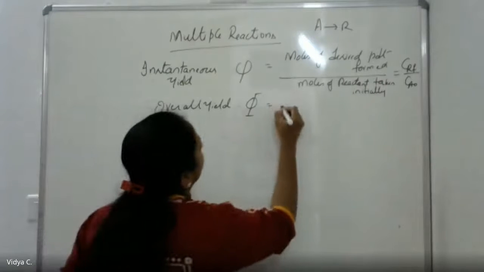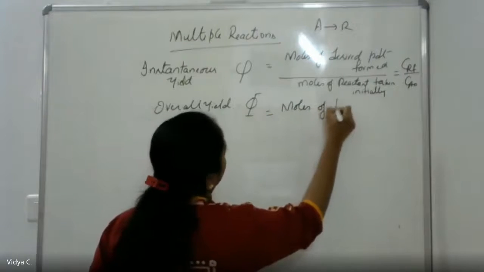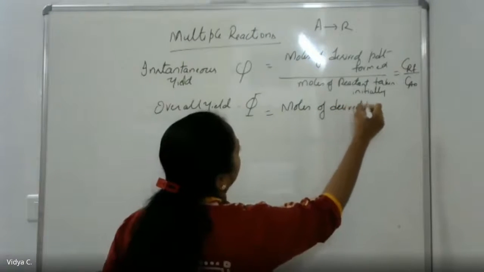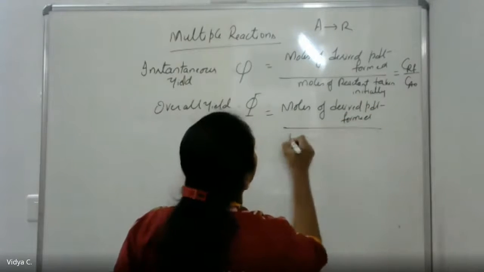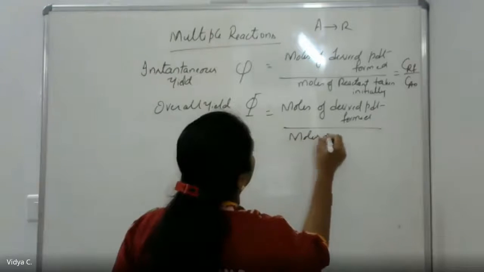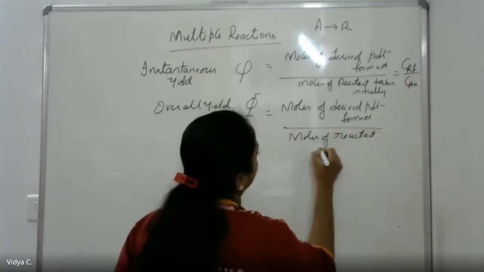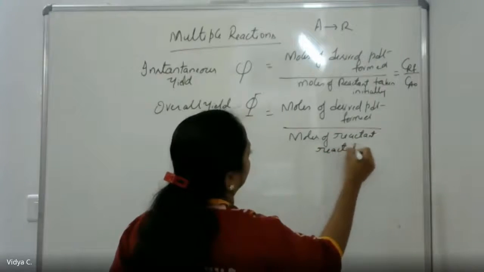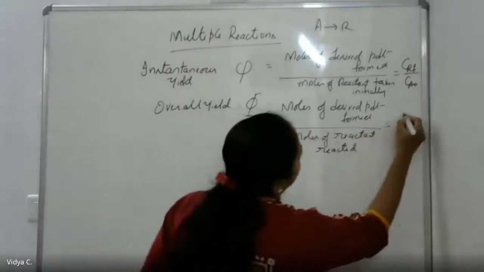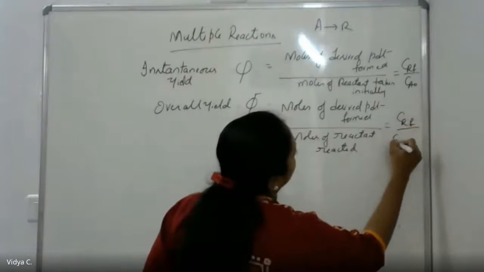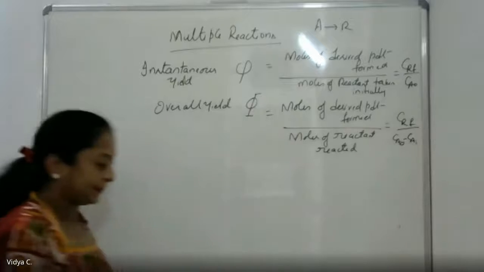For the instantaneous yield, the numerator remains the same, moles of the same desired product formed, by moles of reacted key reactant, and this will be CRF by CA naught minus CA.